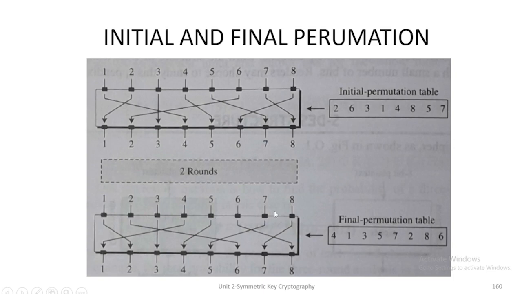Number those consecutive 8-bit values as 1, 2, 3, 4 and so on. After the final permutation, the 4th bit of the round 2 output is written first: 4, 1, 3, 5, 7, 2, 8, 6. In this combination we write the final permutation value, and the answer is the retrieved 8-bit ciphertext value.